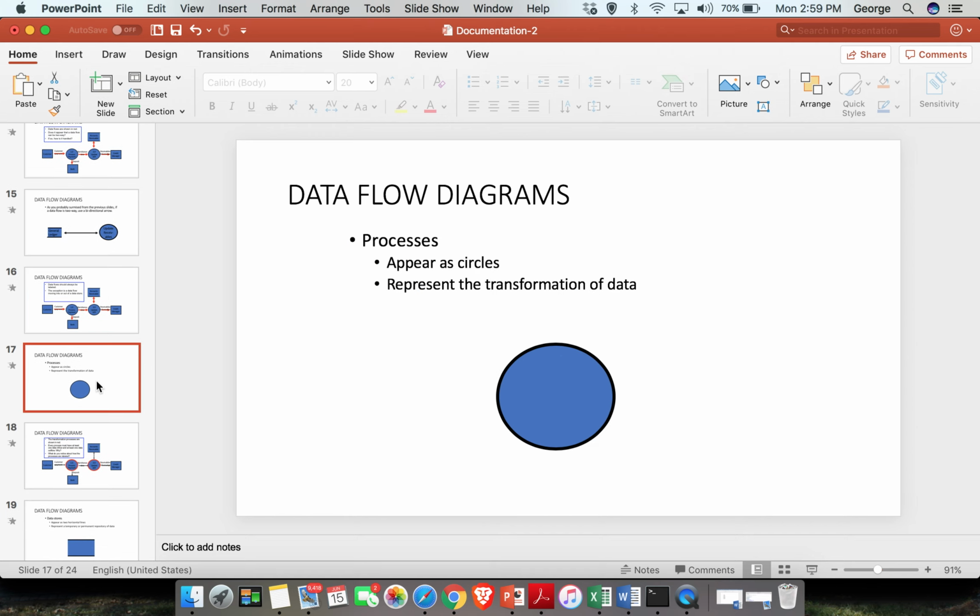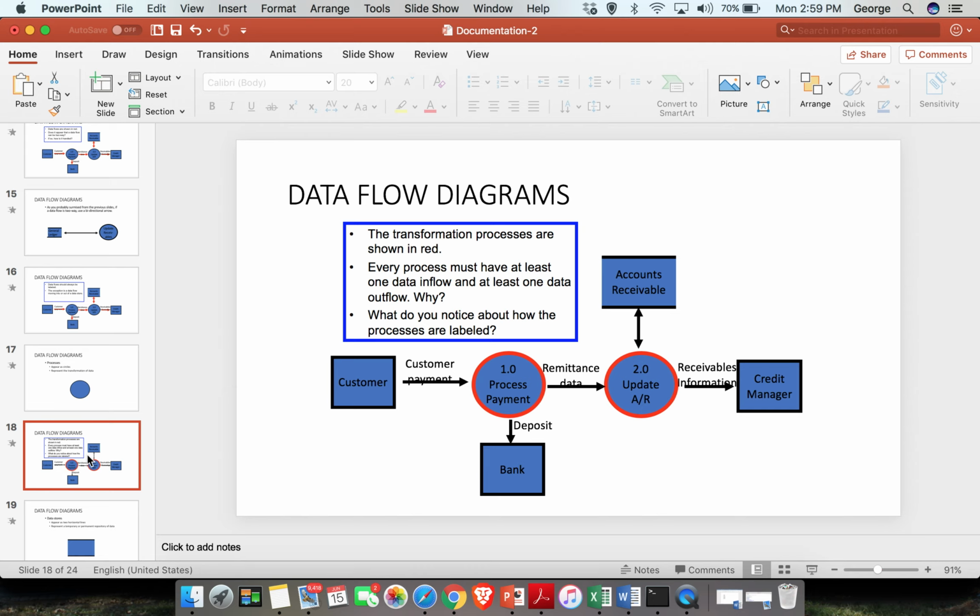Process appears as circles, and that's the transformation of data. So we have two different transformations: the process payment and update AR. In order to process something, you need at least one inflow, and then there should be an outflow. So there's an inflow, we process it, then there should be an outflow coming from that process.